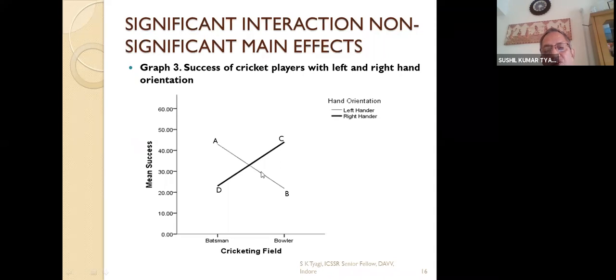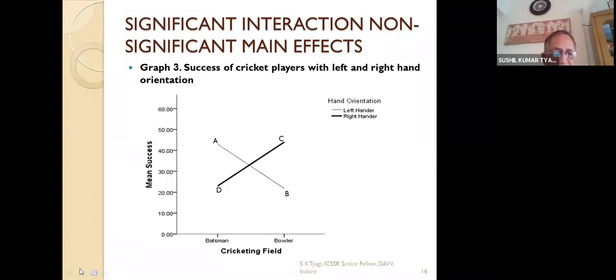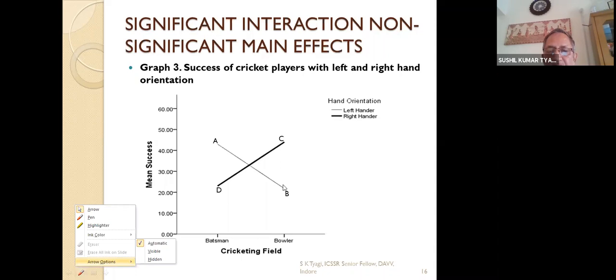Although this graph is drawn when the test of significance gives significant results. Now to find out how the interaction is, apply the rule, difference of difference. Now here, this is the difference.